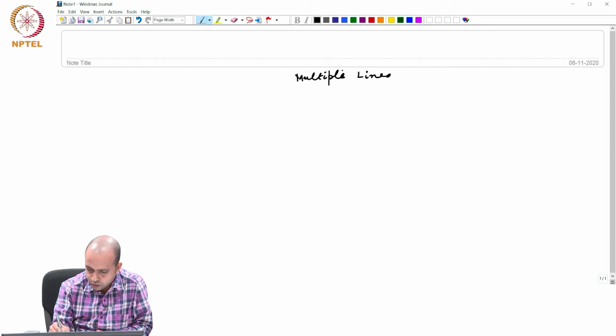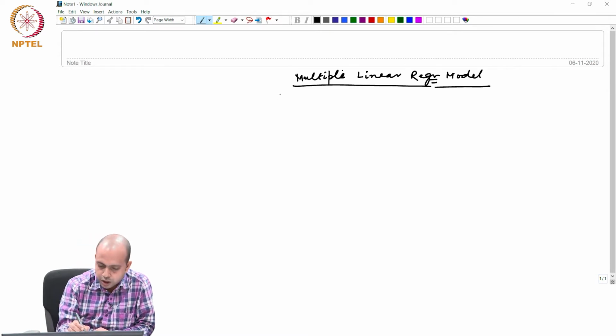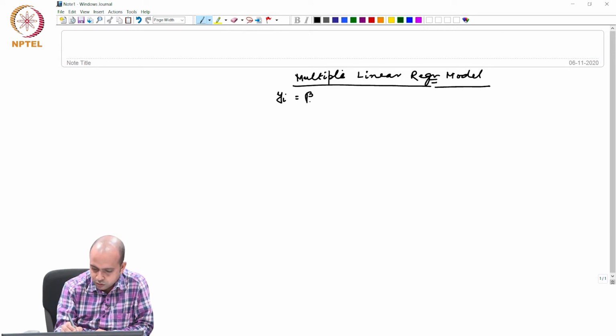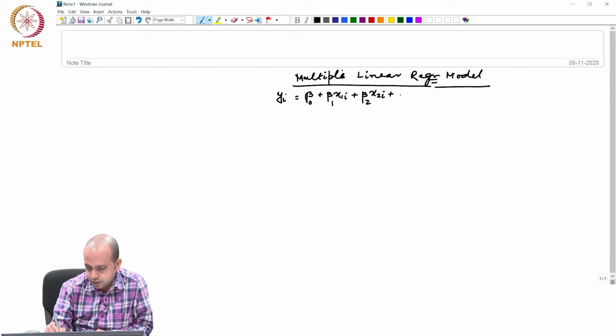Our model was something like this: y_i equals beta 0 plus beta 1 x_1i plus beta 2 x_2i plus and so on up to beta k x_ki plus u_i.